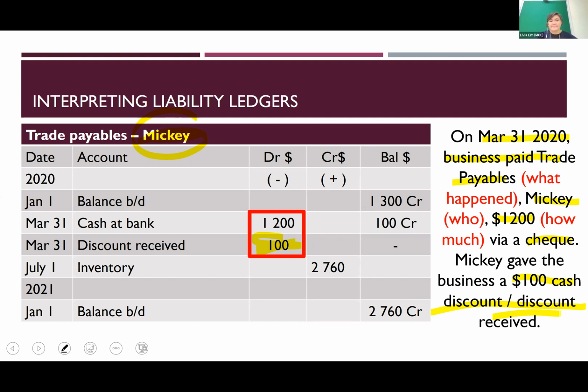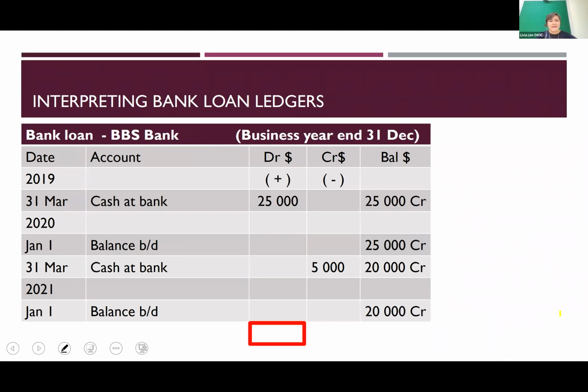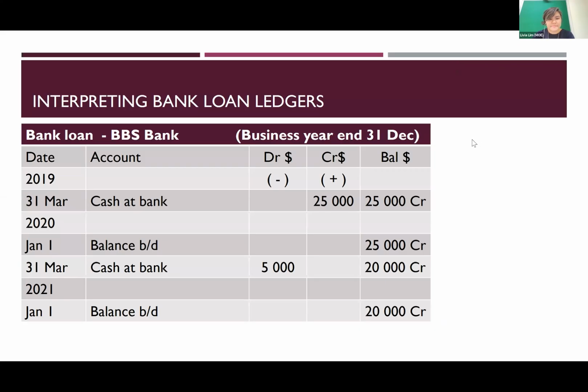Now, apart from that, if we look at this, what has happened? Okay, so this is a bank loan, BBS Bank. Let's take a look at the very first one. What are we supposed to interpret?